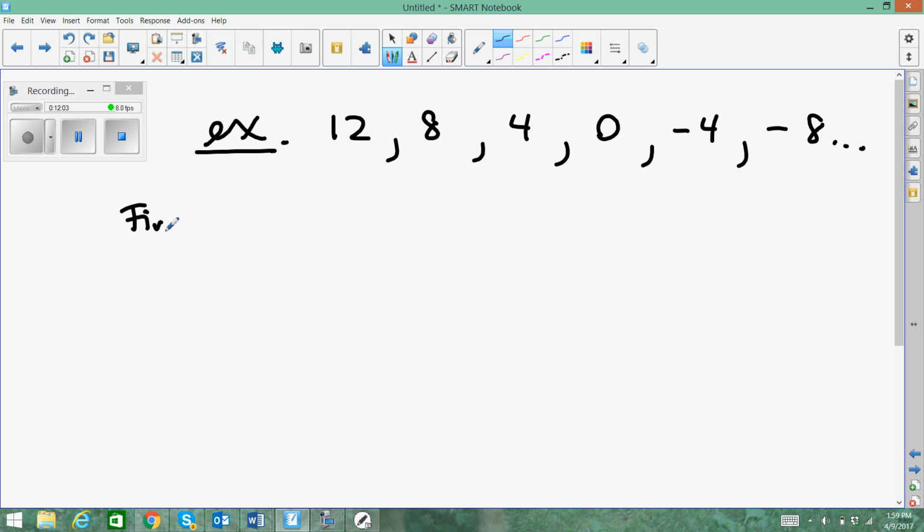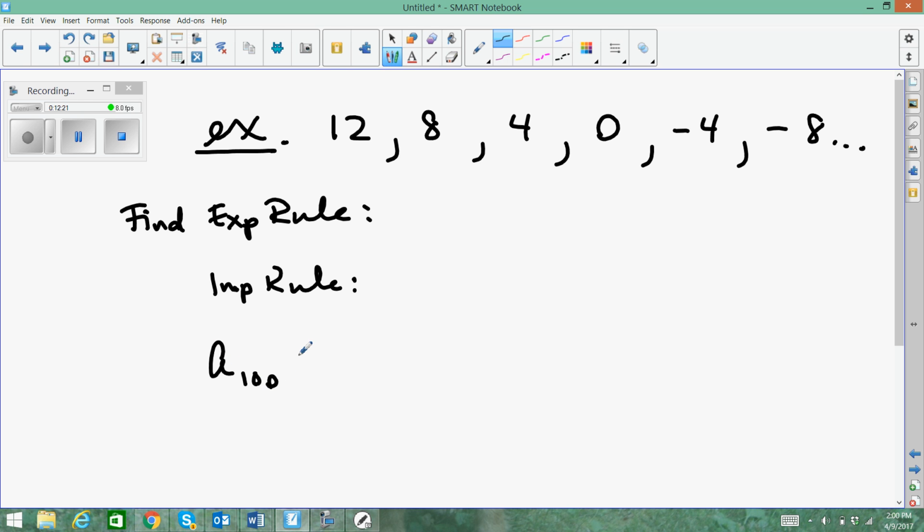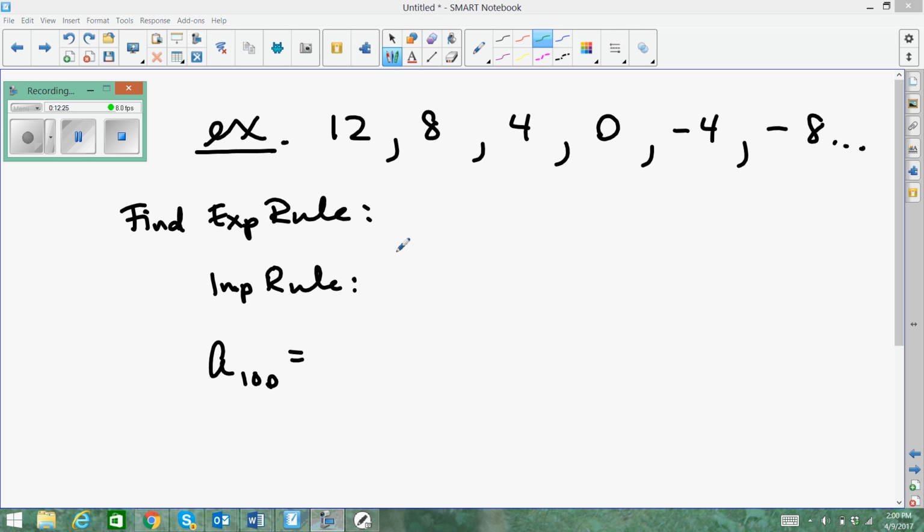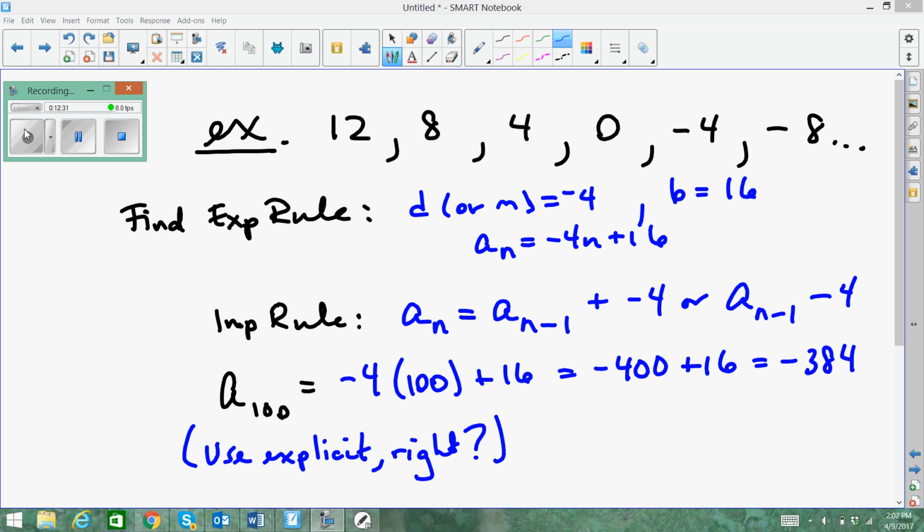Find the explicit rule, the implicit rule, and then find a sub 100. So pause the video, do it by yourself, and then see if you get the answer when I come back when you're done, okay?